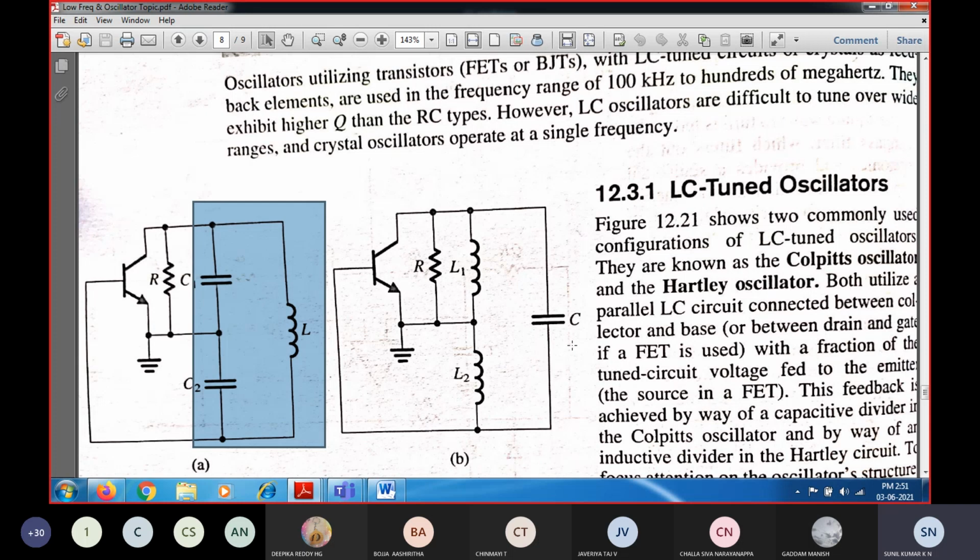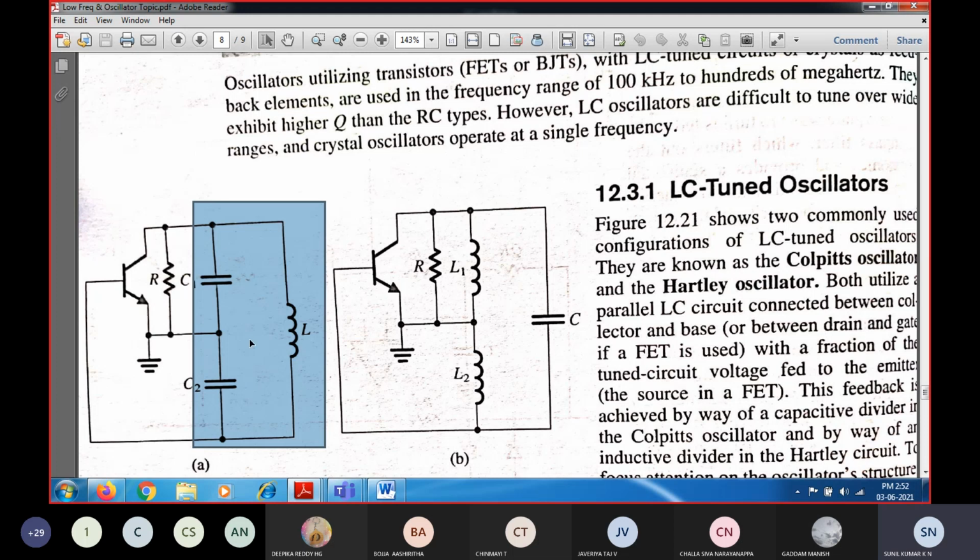If we have a feedback network comprising three impedances, normally in LC oscillators you will have three impedance parameters: Z1, Z2, and Z3. Normally Z1 and Z2 will be made up of the same element.